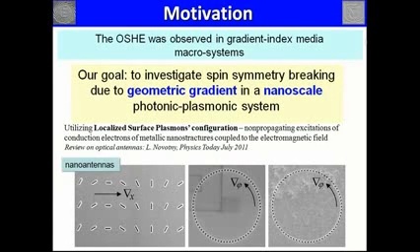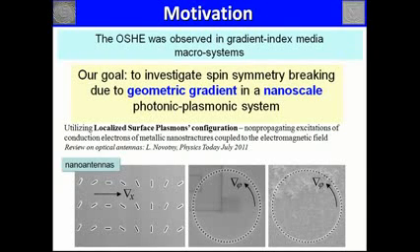We would like to manipulate a nanoscale photonic system by use of the spin as a degree of freedom, and of course we can't use the gradient index, but we can exploit geometric gradient in the nanoscale. In order to form geometric gradient, we utilize the localized surface plasmons configuration.